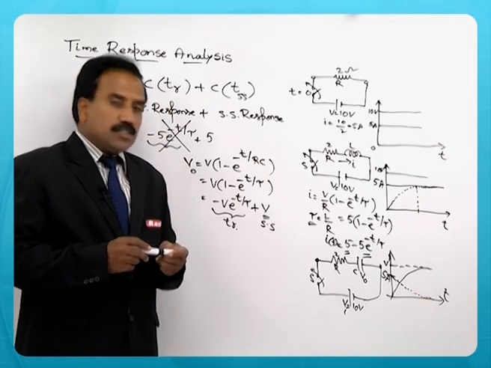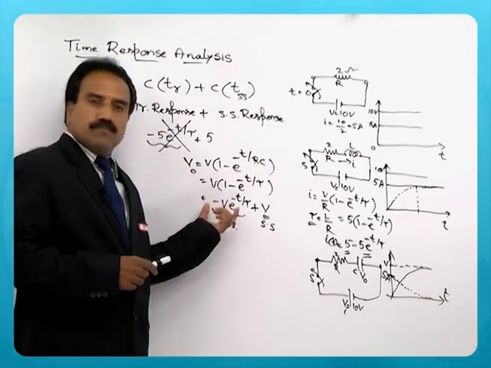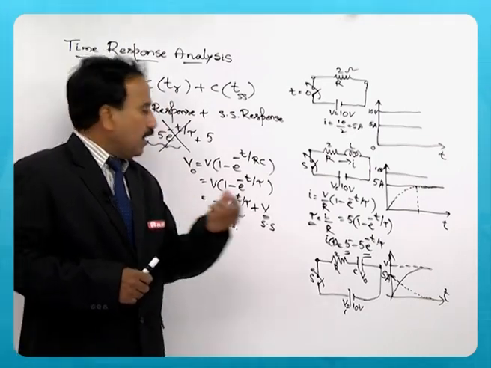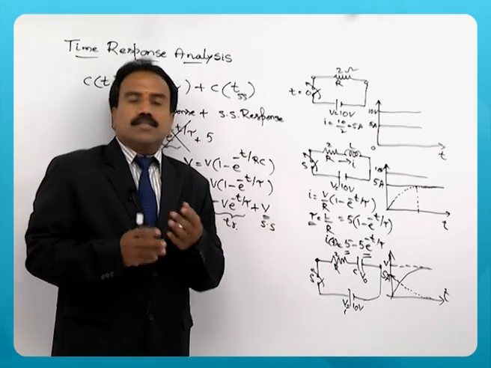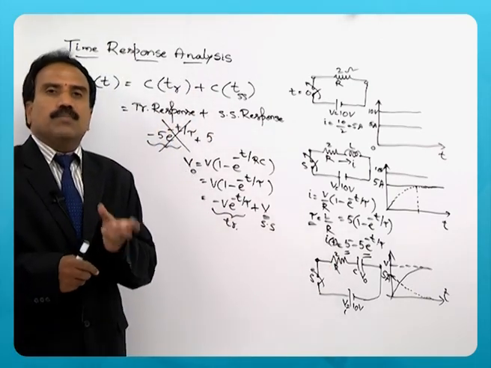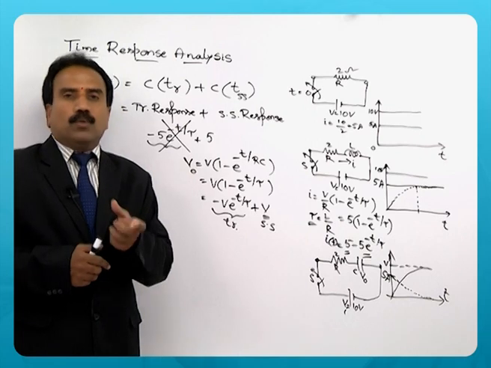However, this is also a first order system. If you have R and L or R and C, it is nothing but a first order system because it creates one pole.